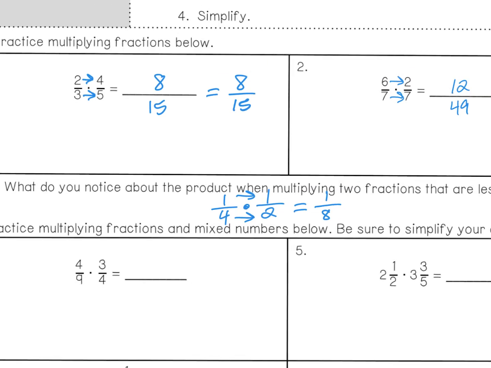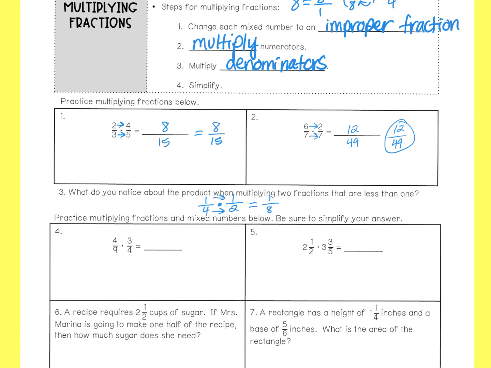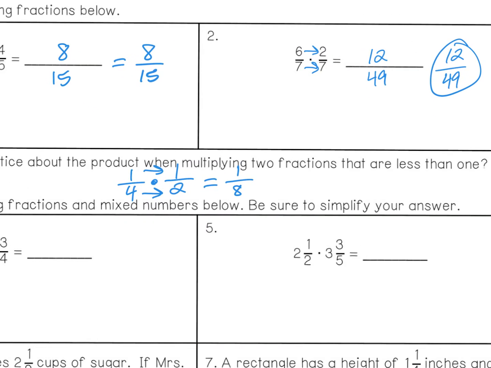We would notice that our product is actually less than our original two fractions. If you have 1/8, that is less than 1/4 and less than 1/2. Okay, so that would be our answer here. They are less.